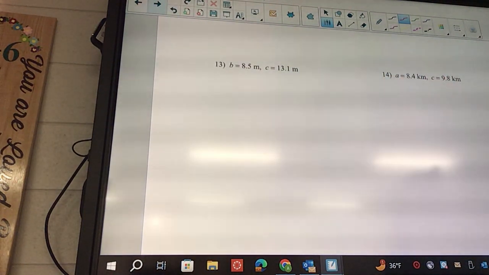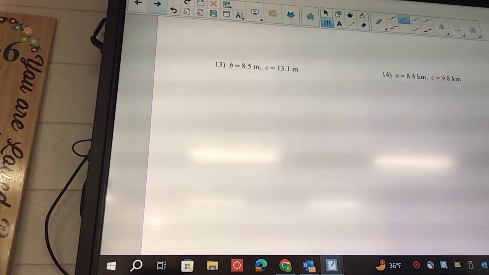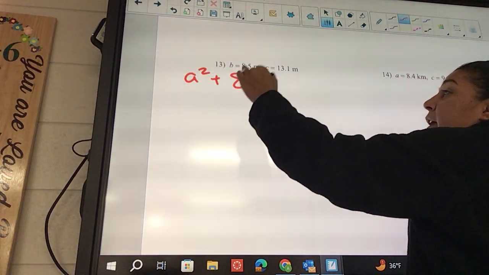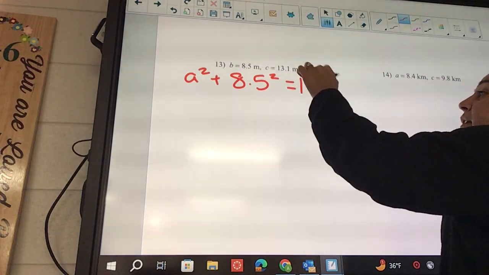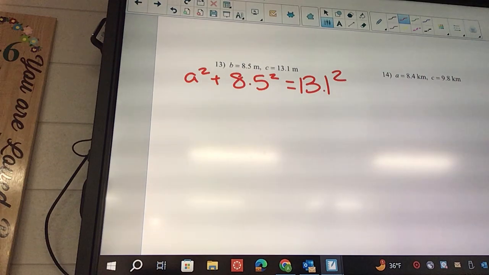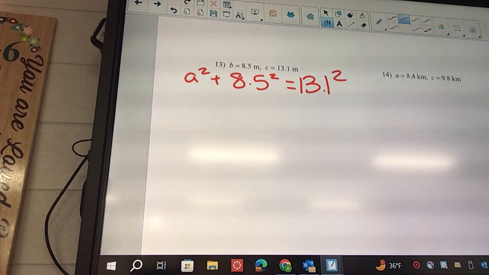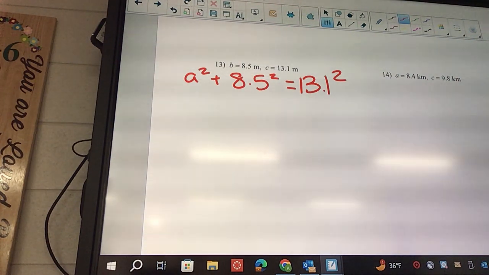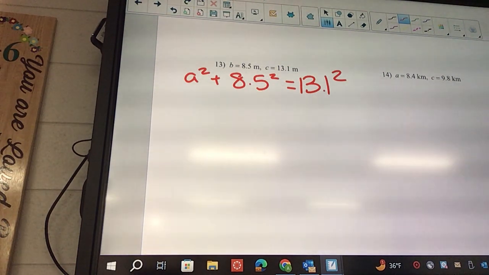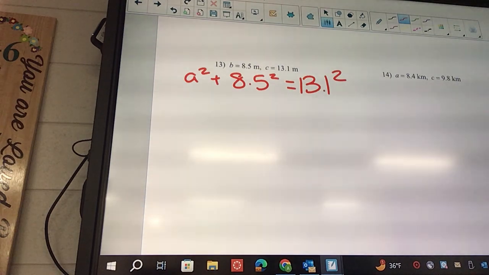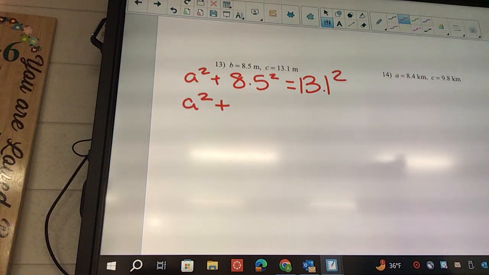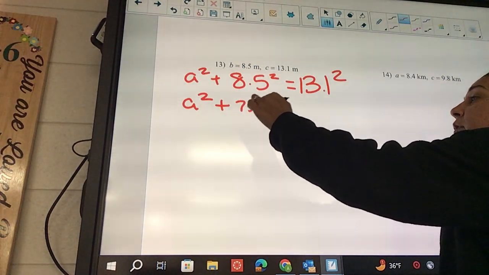Okay, 13, what's missing? A, so we're going to have A squared plus my B squared is 8.5 and my C is 13.1. Okay, what is 8.5 squared? 72.25.